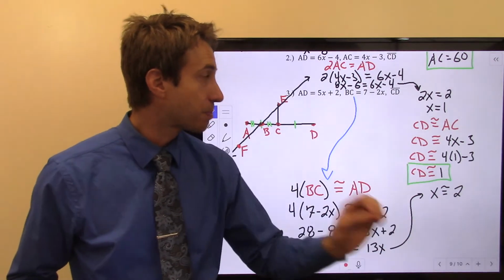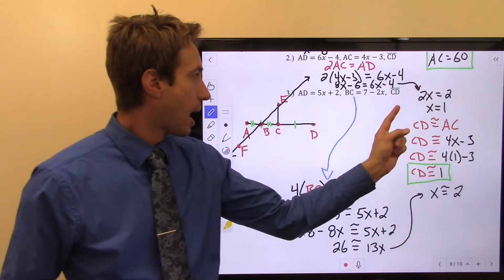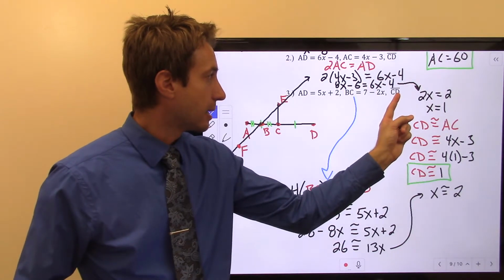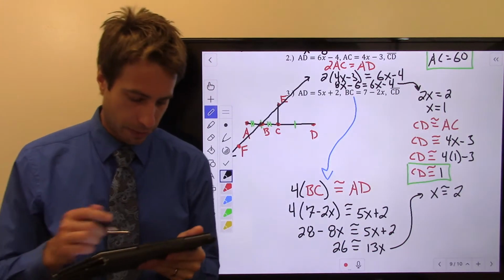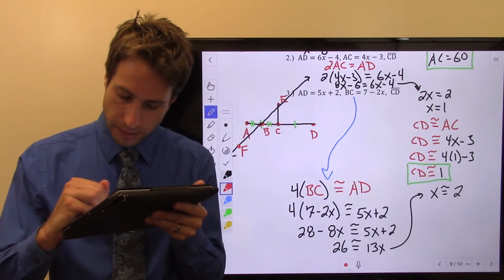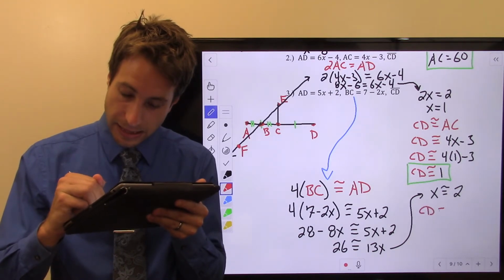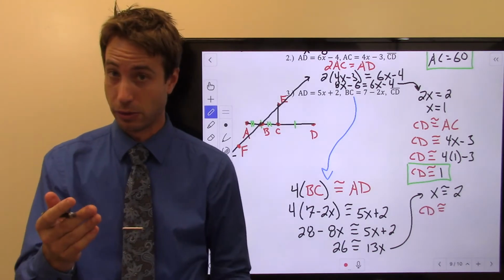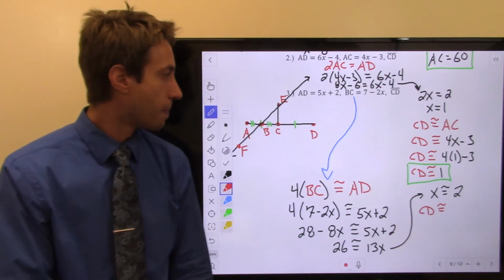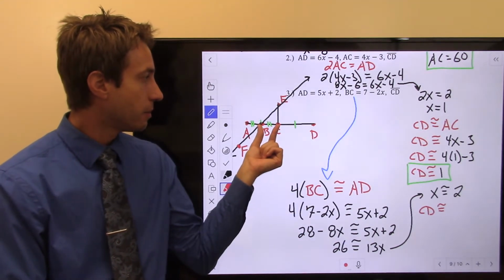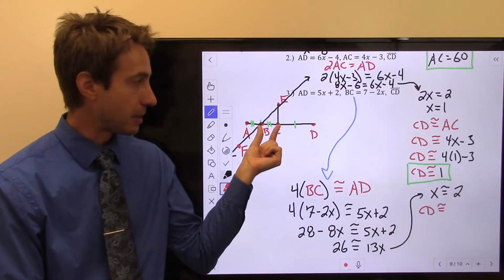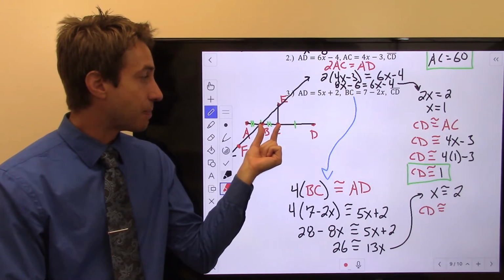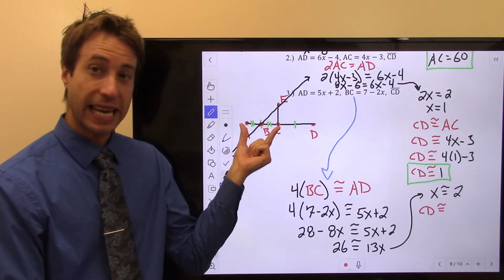So now I know x, but that's not what I asked you to solve for. I wanted you to find CD. Careful here now. CD. Well, CD is congruent to what? Well, I was given BC. If I multiply BC by 2, I get AC.